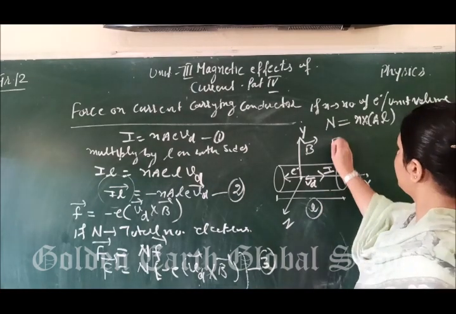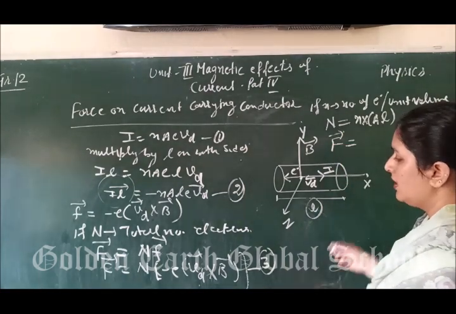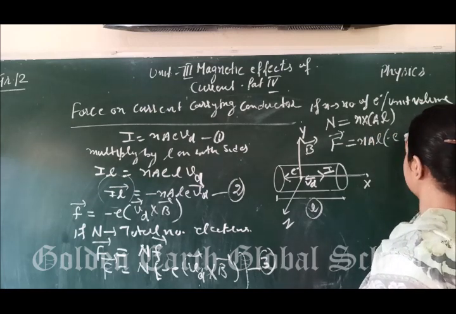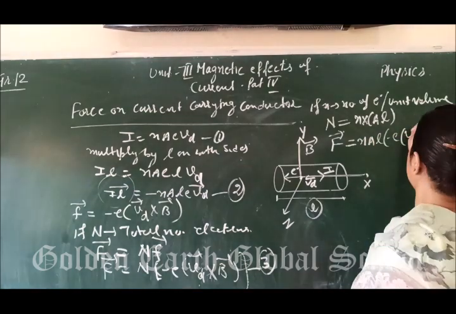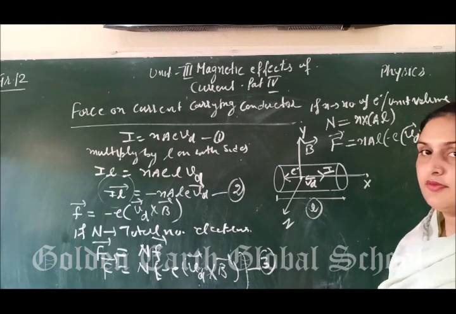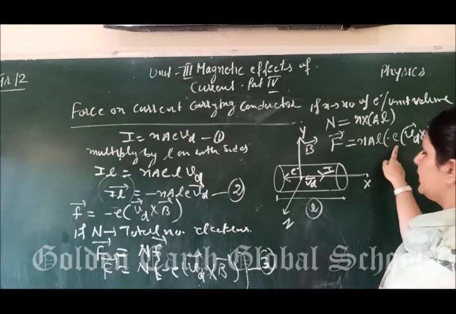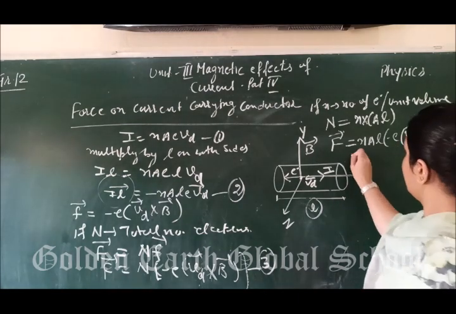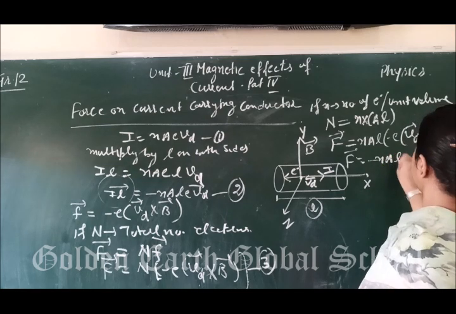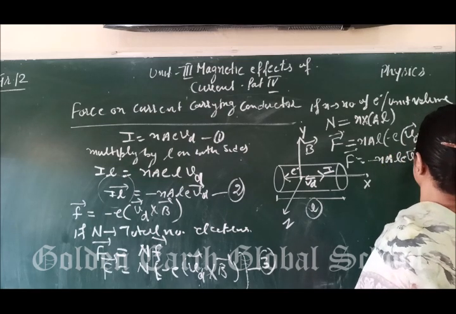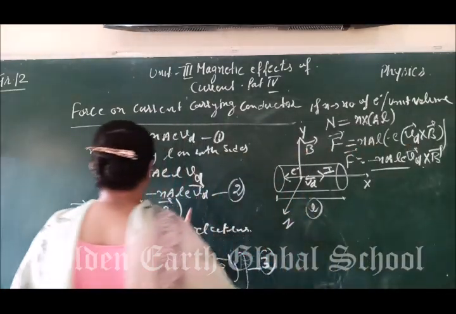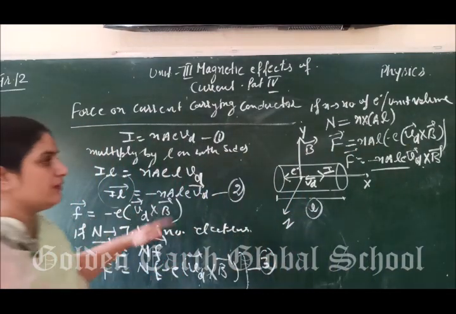From here you will get F equal to nAL into minus e Vd cross B. From here we adjust nALe Vd, so you get minus nALe Vd cross B. Now from equation number 2, minus nALe Vd is given by IL.